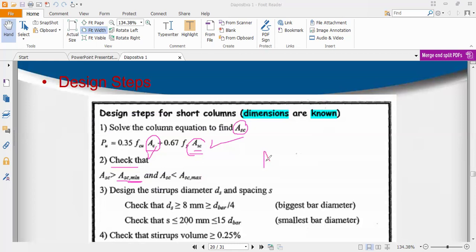What is area steel minimum? Area S minimum is equal to 0.8%.